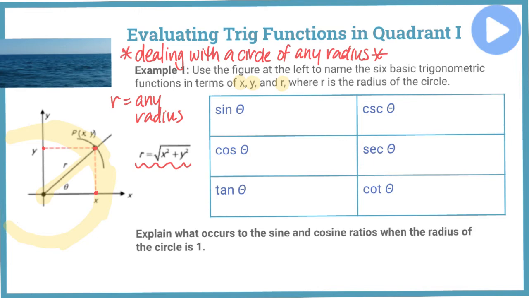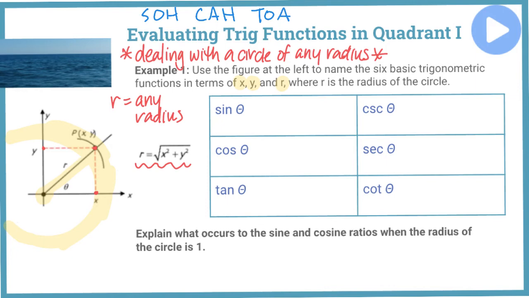and the y-axis and this point on the circle. Before we get really started here, I want to recall the basic trig ratios. Sine is opposite over hypotenuse, cosine is adjacent over hypotenuse, and tangent is opposite over adjacent.